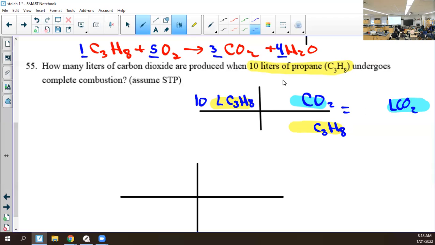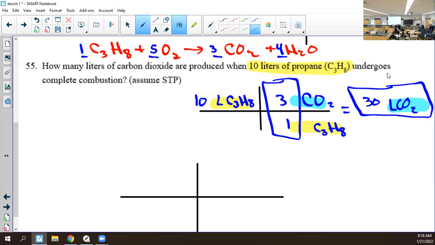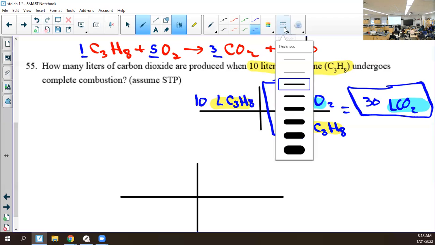And then this one single fast step is the ratio of coefficients. So I have a 1 in front of C3H8 and I have a 3. So I get 30. Fair enough.